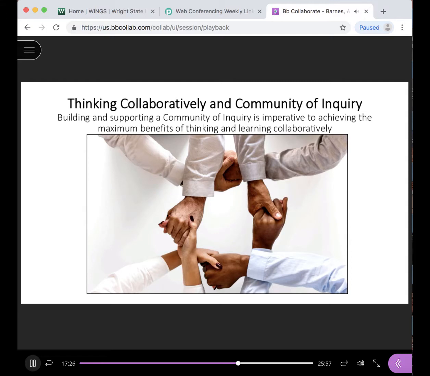explain something. Building and supporting a community of inquiry is imperative to achieving the maximum benefits of thinking and learning collaboratively.